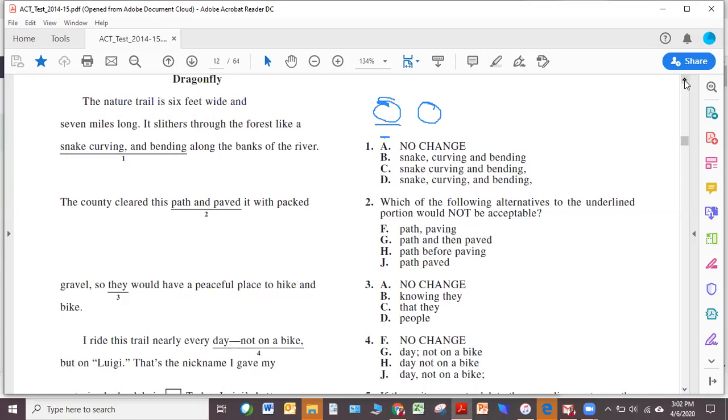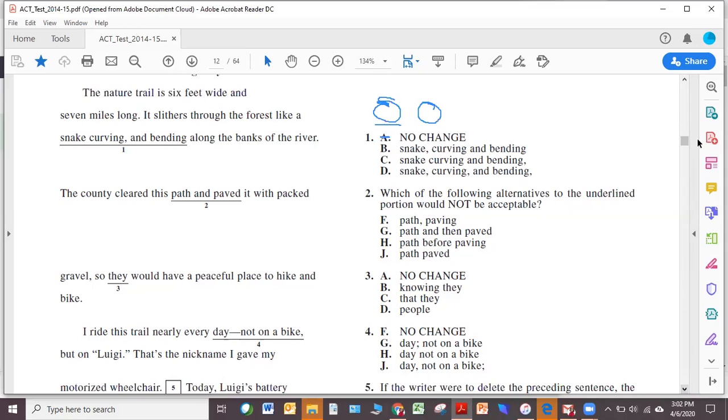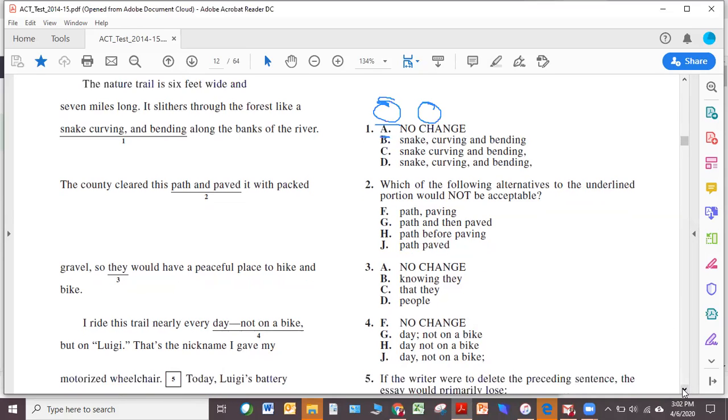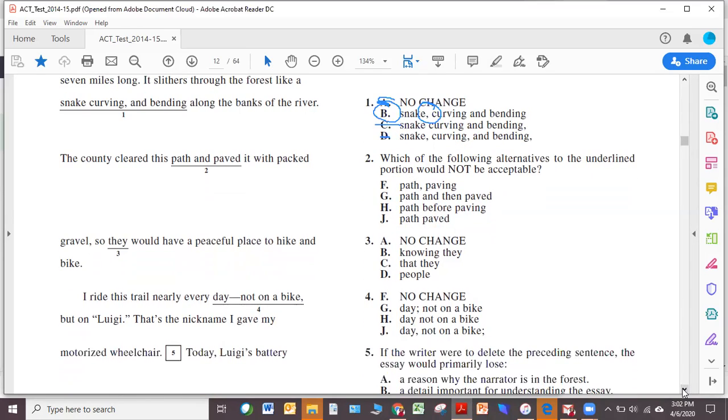And in this case, when you plug your sentence back in, you want to kind of exaggerate the comma if you added in a comma. It slithers through the forest like a snake, curving and bending along the banks of the river. Yes, we like that.